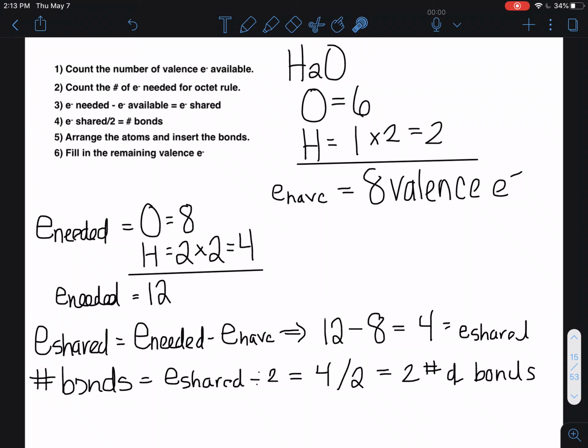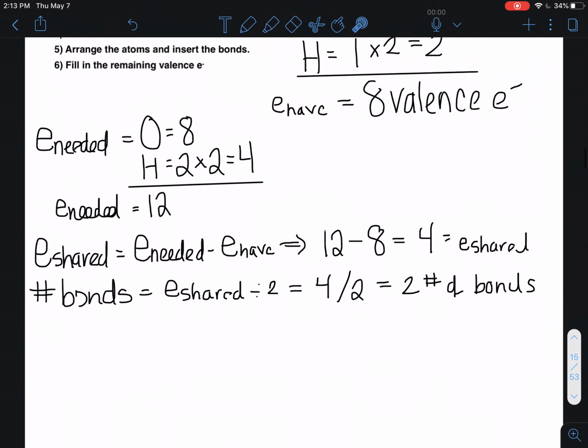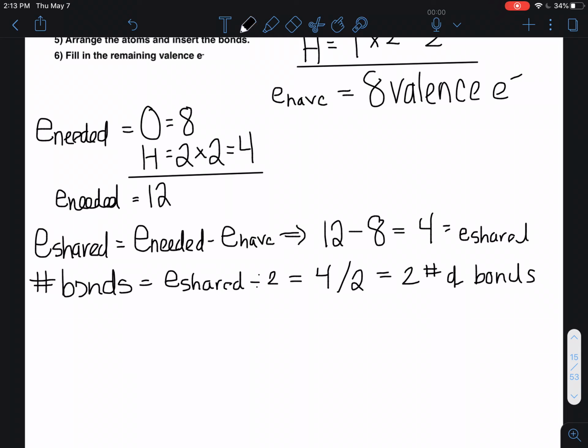So most of the time too, like I said, I think probably the easiest thing to do is always just to remember that the solo atom is going to be the atom that goes first, or in the center, I should say. So now I'm going to place oxygen, and then I have my 2 hydrogens, okay? I have 2 bonds here that I calculated, so I'm going to place my 2 bonds.